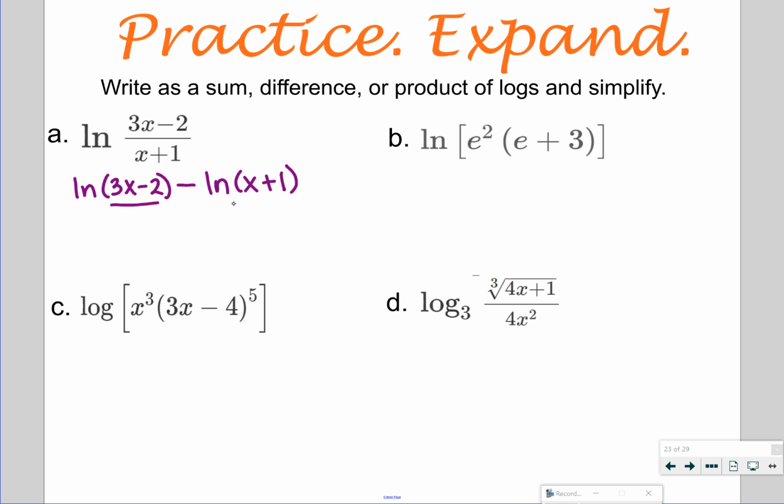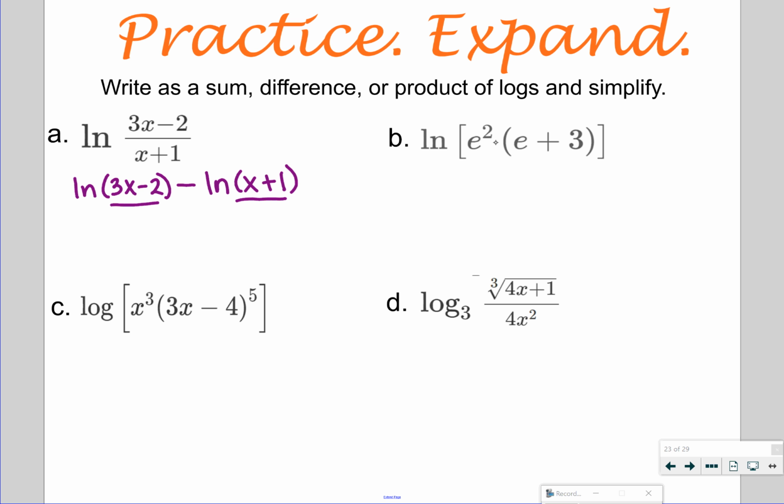It's really important when you guys are in my math lab that you're putting the 3x minus 2 and the x plus 1 in parentheses. If you don't use parentheses there, it might look like a natural log of x and then plus 1 as a separate term. We want to make sure that that plus 1 is inside the log, and that's what those parentheses tell us. So be careful when you're typing that in on your homework.